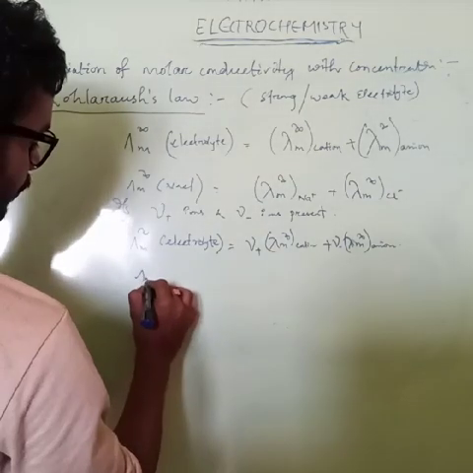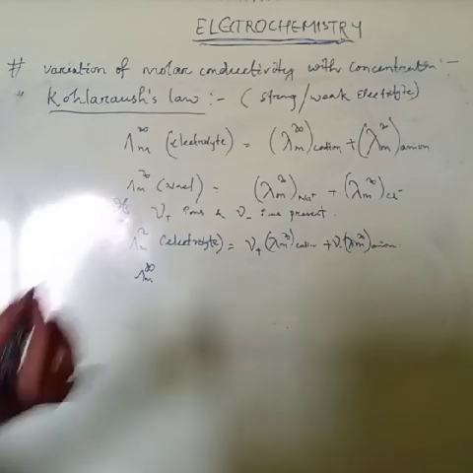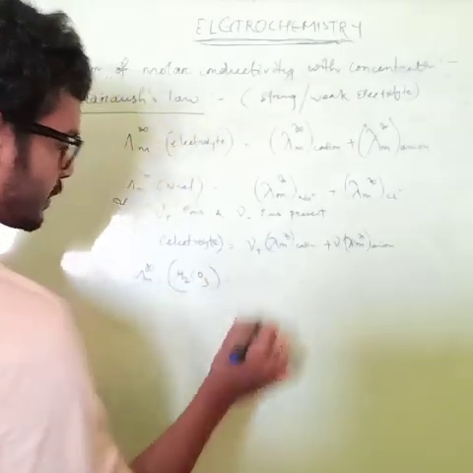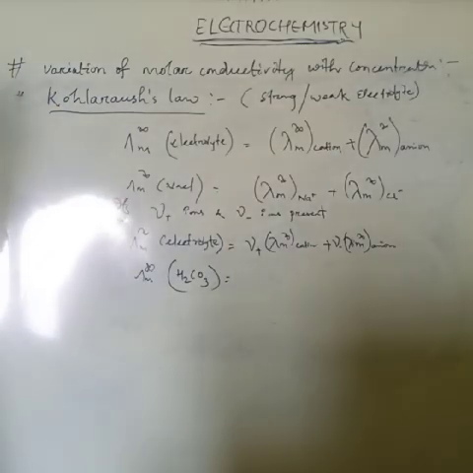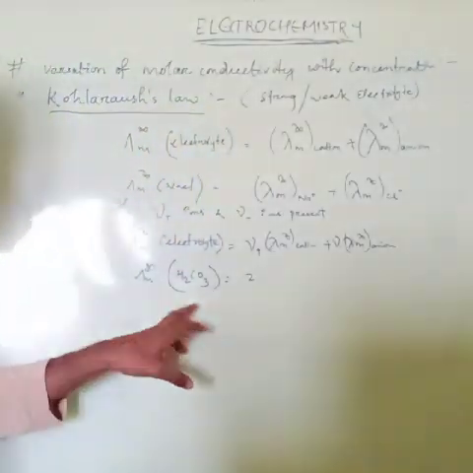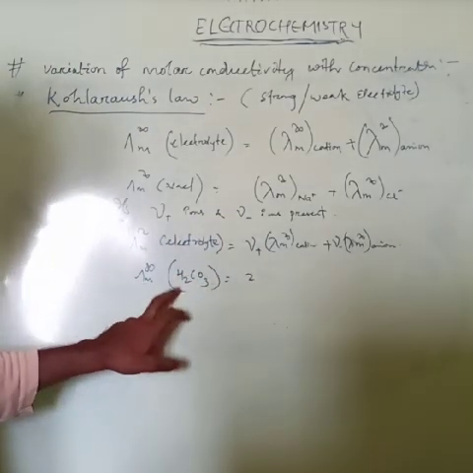Suppose the infinite dilution of carbonic acid H2CO3 is given. So here, how many H plus ions are there? 2. Right?